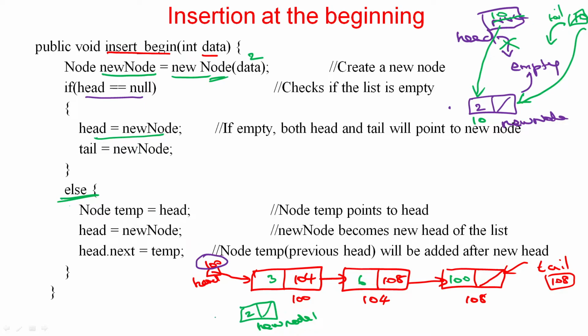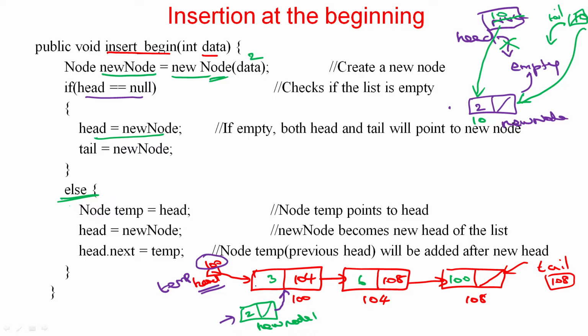Now the new node is created with data 2. Then I am assigning head to tmp, a temporary variable. Now this link has to be established. For that, what we have to do is head dot next.